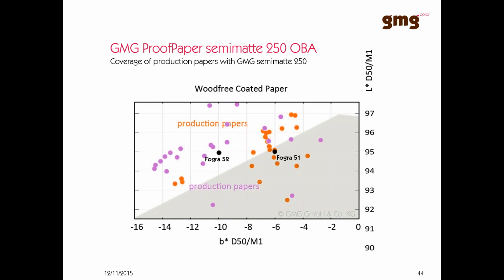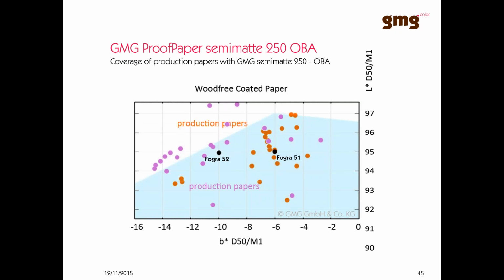On the GMG SemiMatte, this is just not possible. If we now continue to the GMG SemiMatte OBA, we see that on the same luminance level, on L97, we've just moved to -6. And now we can simulate much, much more of the different printing production papers. This was an important step forward for us.